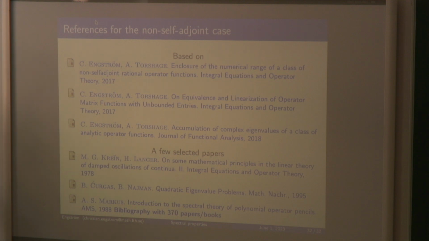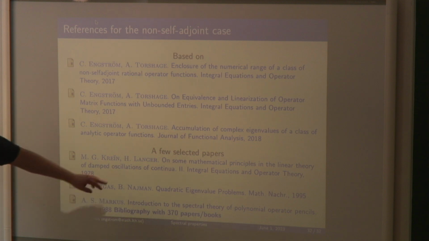Okay, so this second part was based on Axel Torshage's PhD thesis. He finished a couple of years ago and works in industry now, unfortunately. But of course, the big names here, I said we started with Klein and Lange. We have a paper by Branco and Branco.